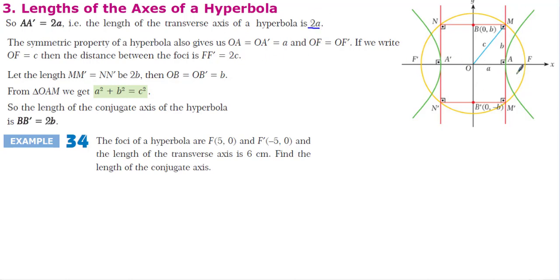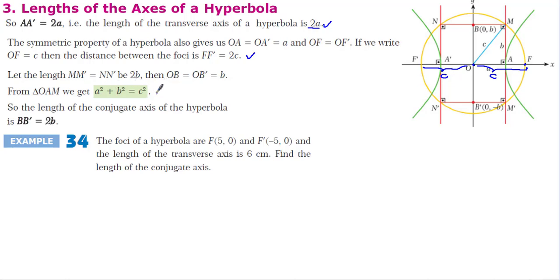Since the figure is symmetric with respect to the origin, this distance is equal to c, and this distance is also c, so FF prime is equal to 2c. How do we get the b value? If you know 2c and 2a, there is a relation in the hyperbola: a squared plus b squared is equal to c squared.